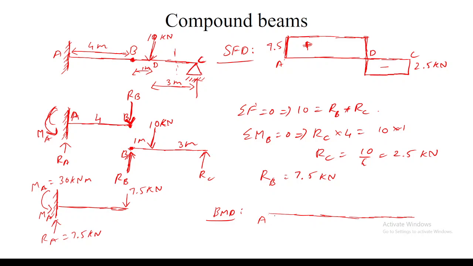Minus 30, yes, since it is anti-clockwise, okay? So we are writing minus 30. And then what will be the variation of the bending moment from A to D? Whether it will be a parabola or a straight line? Yes, a straight line.